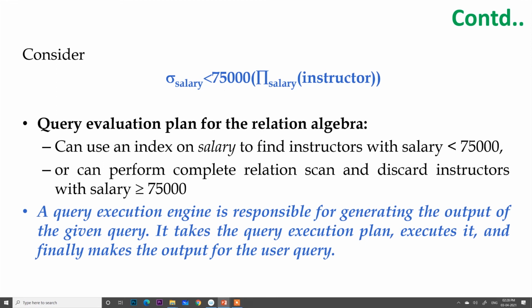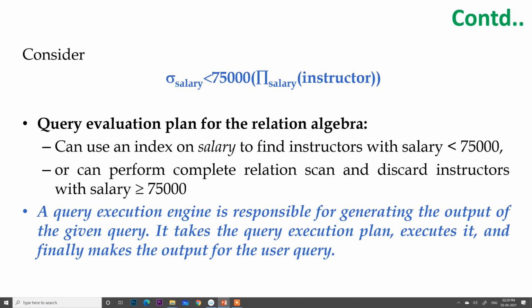So both can be done. A query execution engine is responsible for generating the output of the given query. It will take the query evaluation plan, execute it, and finally produce the output for the user query. So for a given relational algebra operation, you can have different evaluation plans.